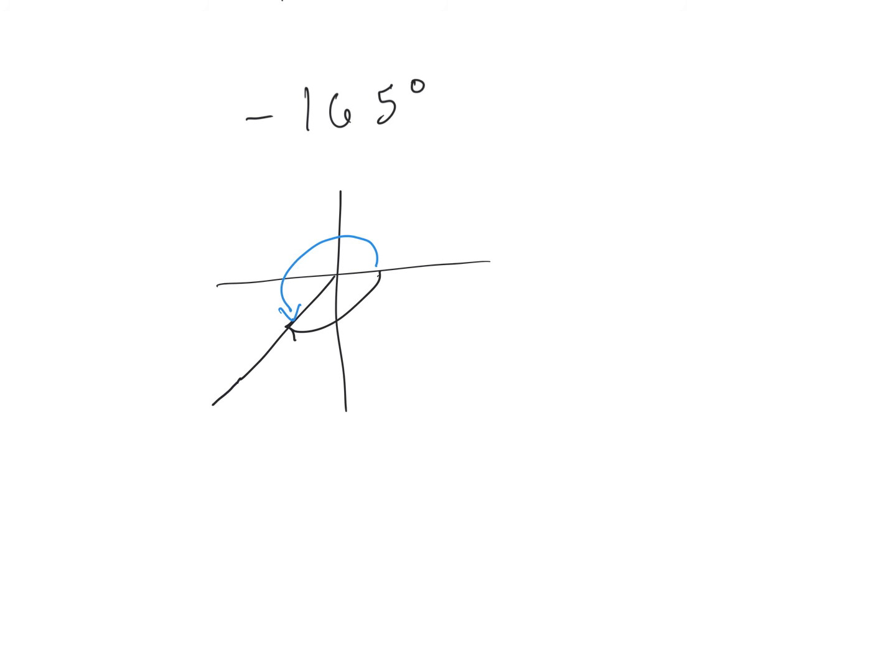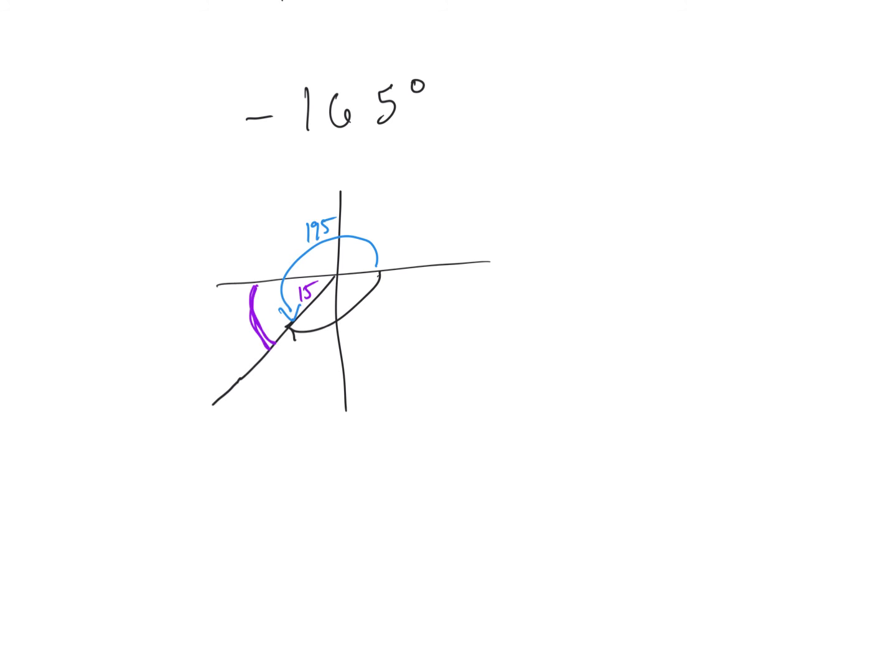It's 195. And this would be our reference angle. This is the angle we want to work with. That is just 15 degrees more than 180. So we're only really working with 15 degrees.